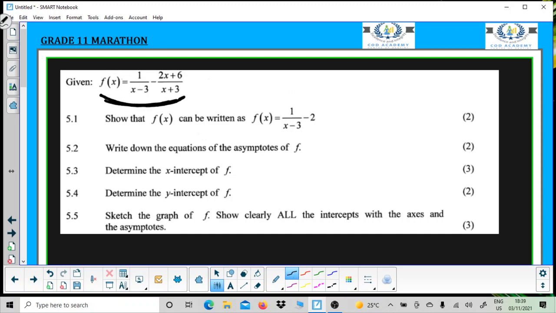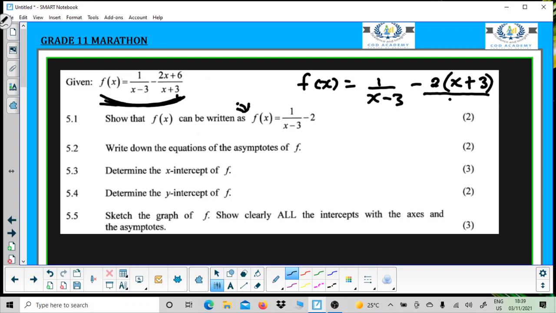But in this situation, it was an easy one, because if they want us to show that the function of x is this, it looks like there is just one task to do here. Notice I can leave 1 over x minus 3 as it is, but if I go on my other term, I am noticing that 2 is a common factor for that one. Can you see how this is going to end up as x plus 3, right?